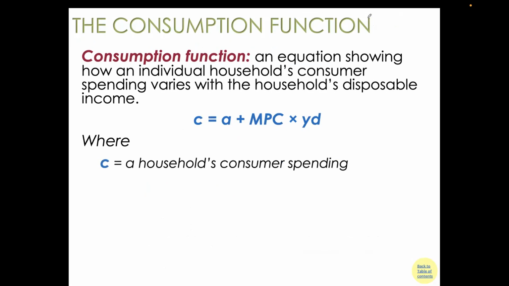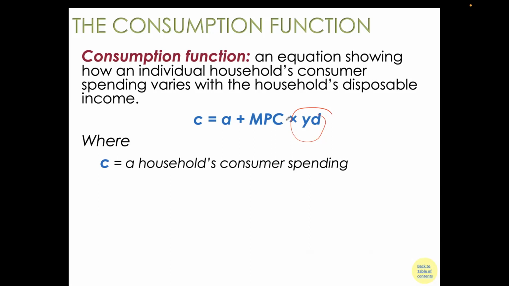C is your consumption on the left-hand side. On the right-hand side of this equation, YD is essentially your income. But remember, income, expenditure, and product are equal to GDP, so in some sense you can say this is also GDP. But that's linked to the equation I wrote earlier.